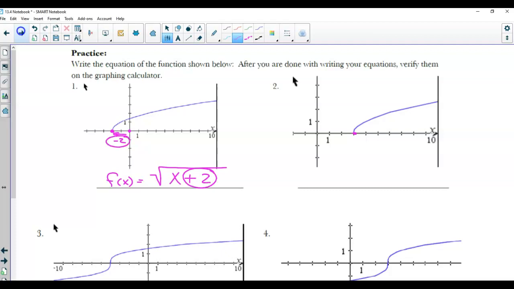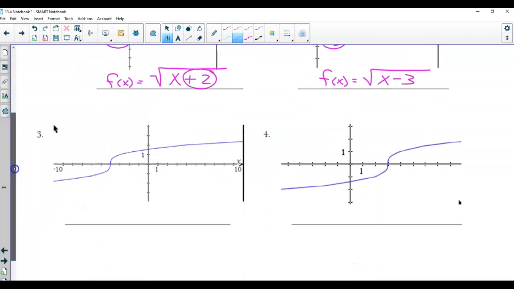Over here in this one, here is where I'm starting from, here's where I typically start my parent function from. So that's going to be f of x equals, I know it's a square root because it's that hook going out in that direction, and that's a +3, so it's going to be x, the opposite of +3 would be -3, and that would be the equation of that one.